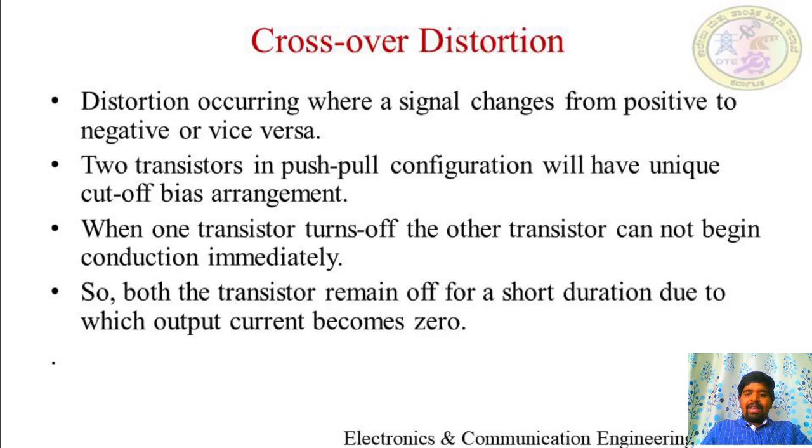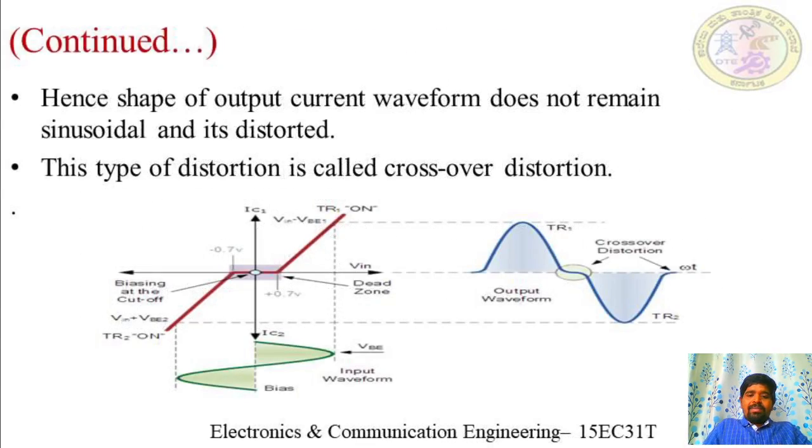I think in the next slide there is a diagram. See what exactly happens here. If you observe this sinusoidal signal, during the positive half cycle, after a certain point the output is similar to the input, and in the negative half cycle also the output is similar to the input. Whereas in this region, if you observe, the input signal is completely sinusoidal, but the output signal is not completely sinusoidal, because this is the region where both transistors are off.